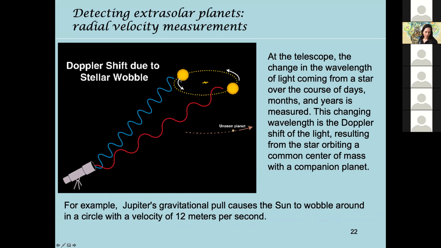You have to have a good telescope and a good spectrometer to be able to see these small shifts in velocities. And so you have the common center of mass. This is the unseen planet, but what we see is this wobble. And then from here, you can arrive at the mass of the planet. I will show you that in the next slide.